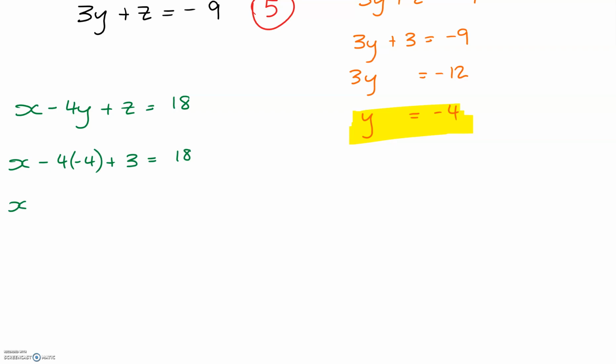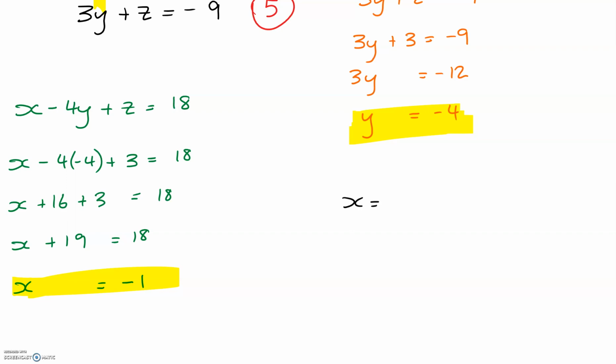Negative 4 times negative 4 becomes positive 16, plus 3 equals 18. 16 plus 3 becomes 19. Rearranging, x is equal to 18 minus 19, which is negative 1. And we've got our answer now: x is equal to negative 1, y is equal to negative 4, and z is equal to 3.